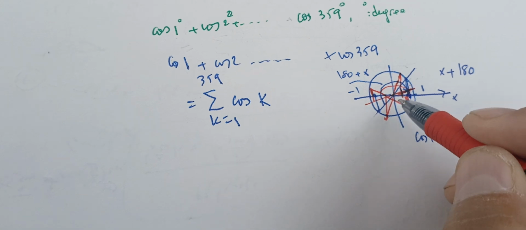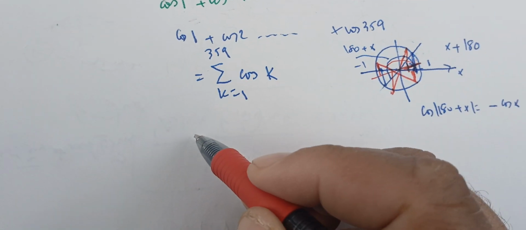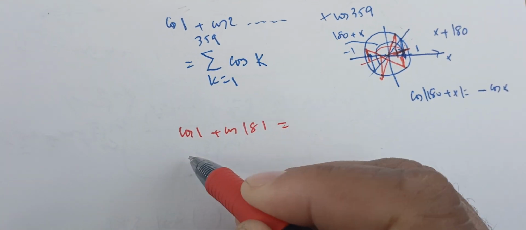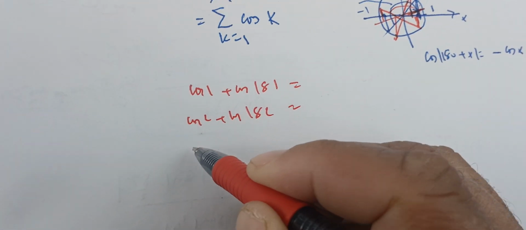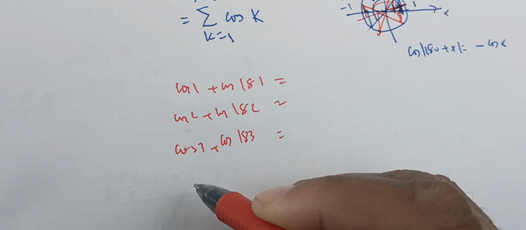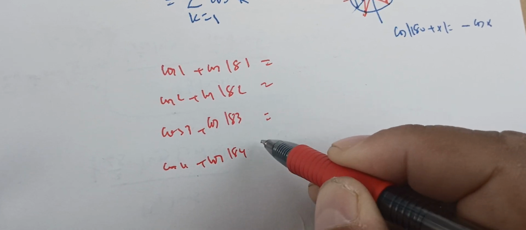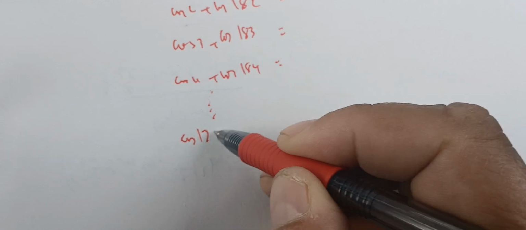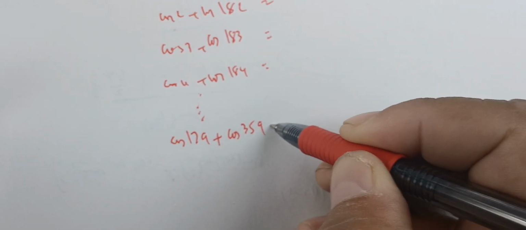This means that I can write this sum as cosine of 1 plus cosine of 181, cosine of 2 plus cosine of 182, cosine of 3 plus cosine of 183, cosine of 4 plus cosine of 184, and so on, until the cosine of 179 degrees plus the cosine of 359 degrees.